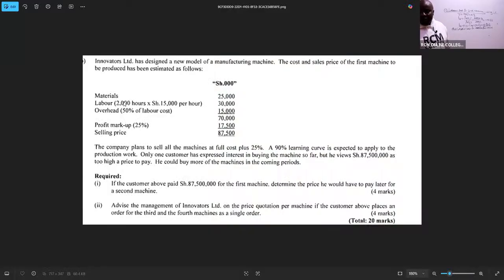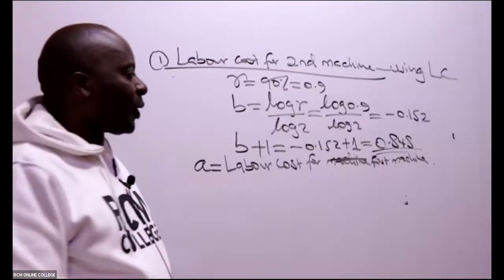So you can see here, labor, don't take this 2,000. You'll still get the same answers, but if I were you, they've already done this for me. 2,000 times 15,000 is 30,000 in shillings thousands. So this labor for the first machine is what I will use, 30,000. Labor cost, 30,000.